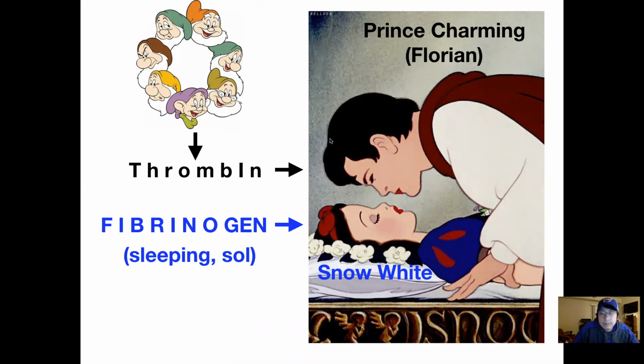I don't know. Anyways, the point is that there's a signal, and we have multiple characters in our storyline that have to activate our Snow White, or Sleeping Beauty, or Cinderella, whoever the heck it is.